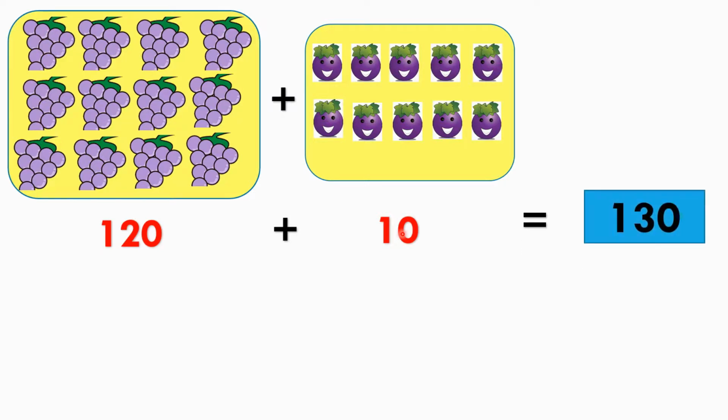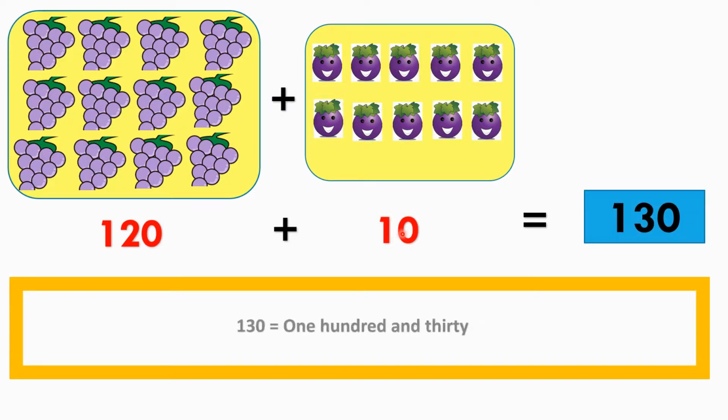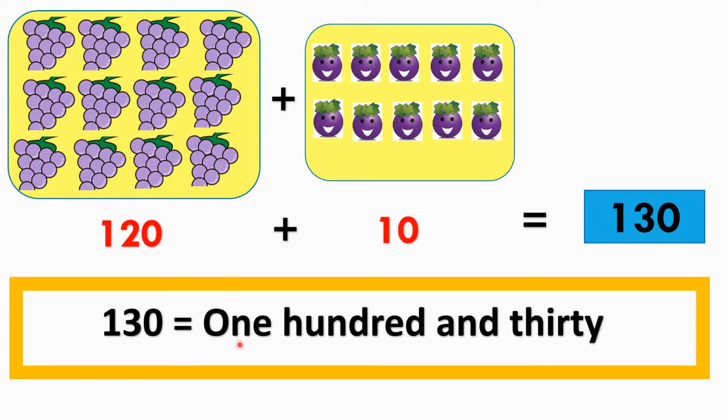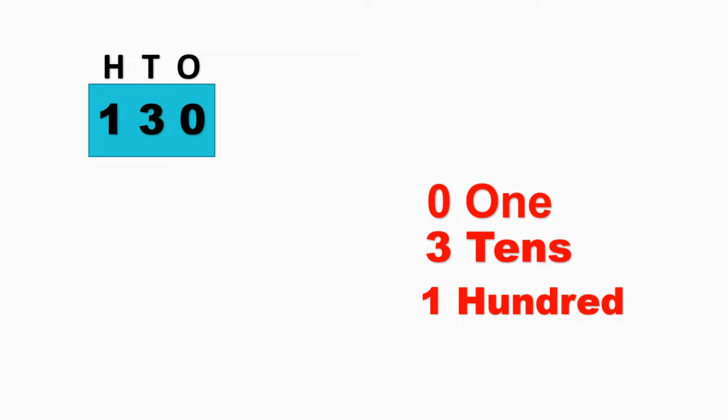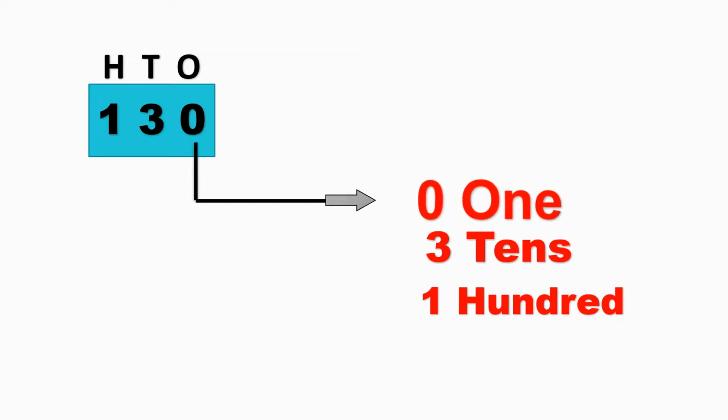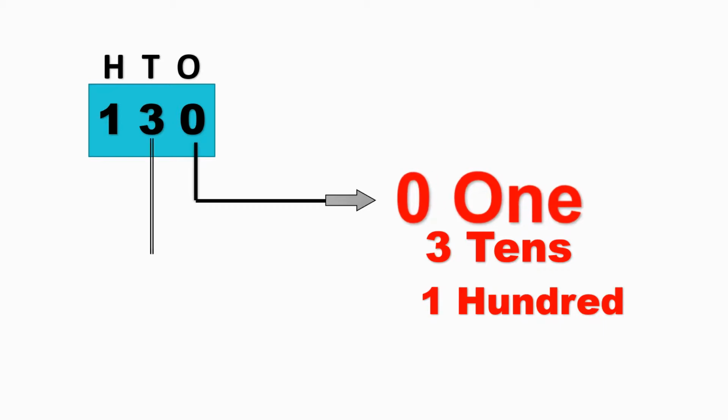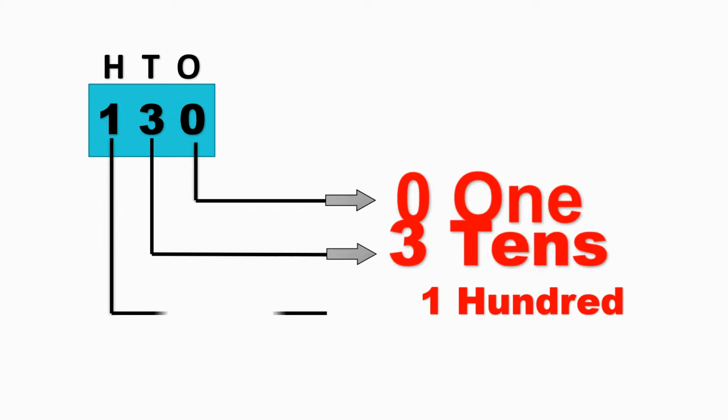So 130 means ONE 1, HUNDRED 100, AND THIRTY 30, 130. 0's place value is 0 ones, 3's place value is 3 tens and 1's place value is 100.